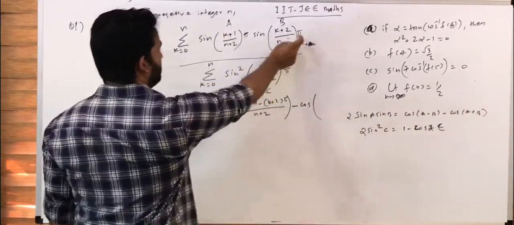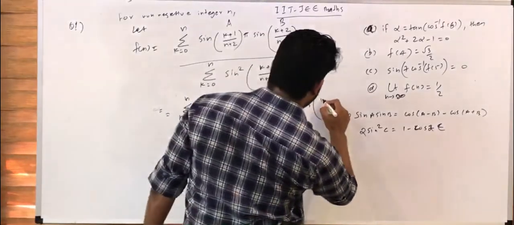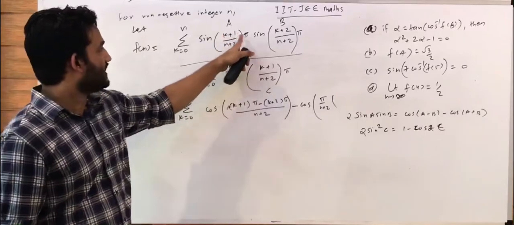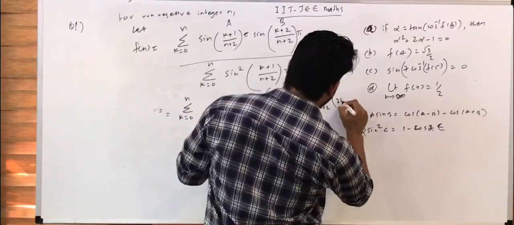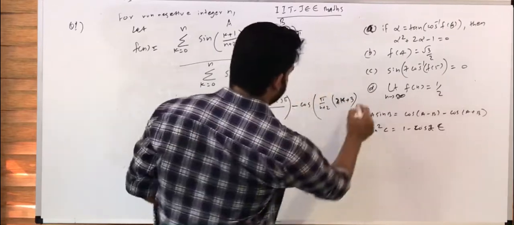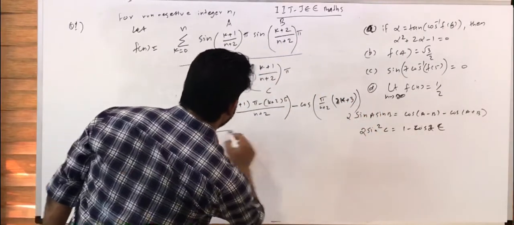Pi by n plus 2 is common. When we add k plus 1 and k plus 2, we get 2k plus 3, divided by n plus 2.